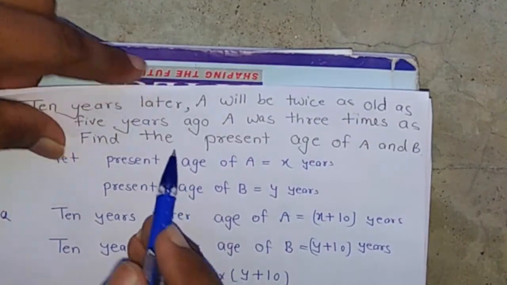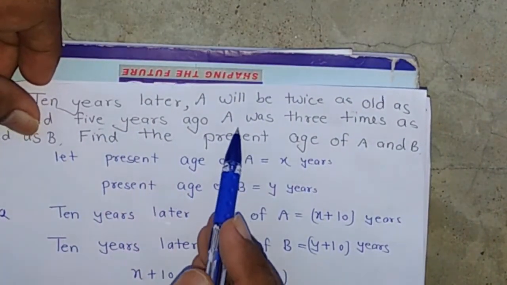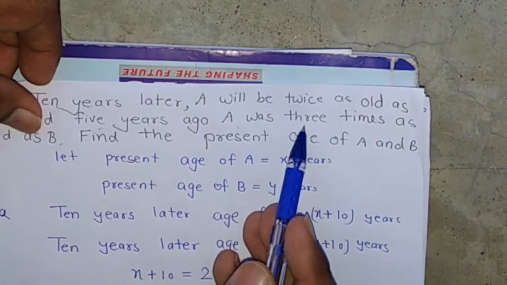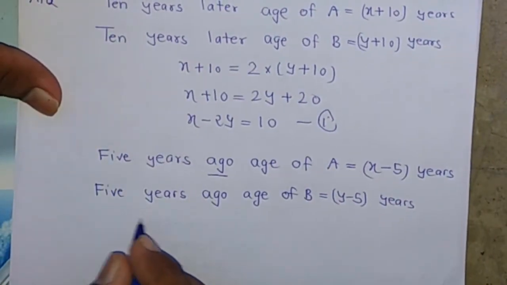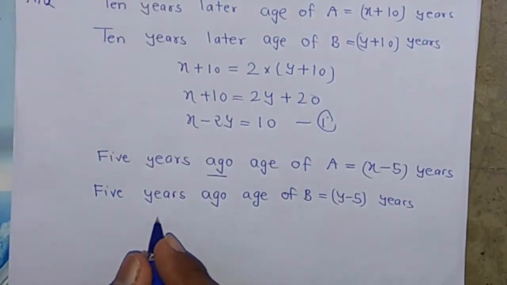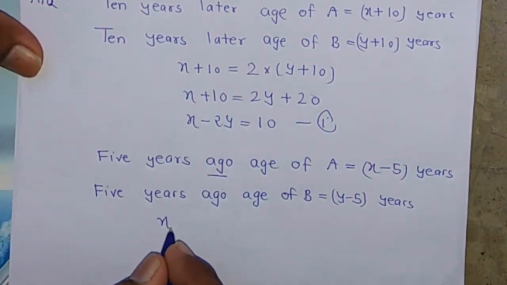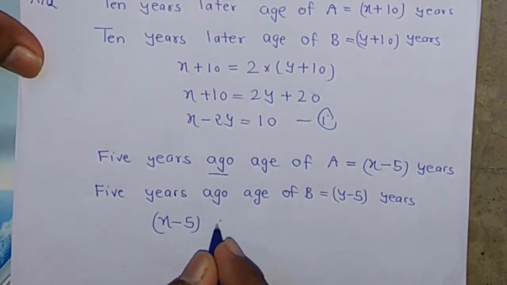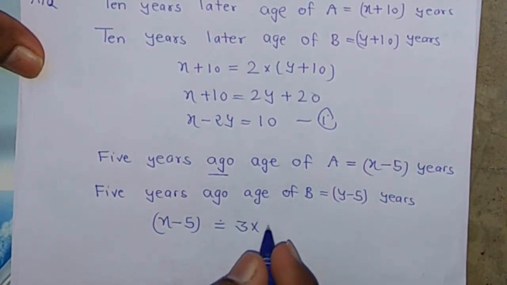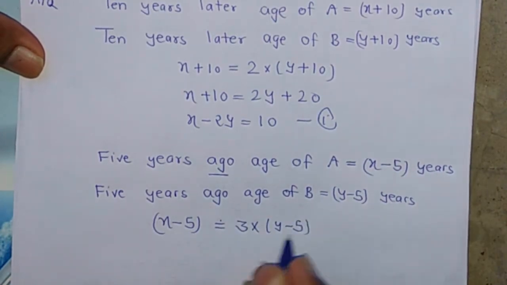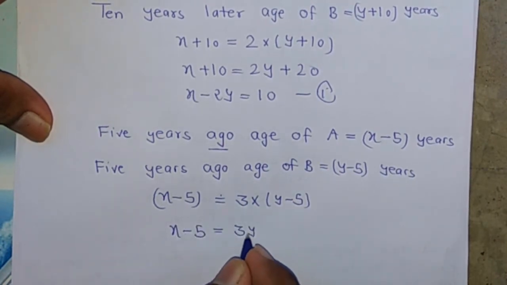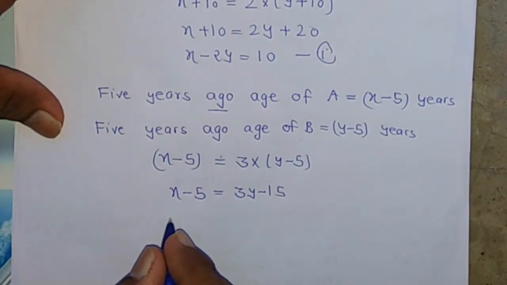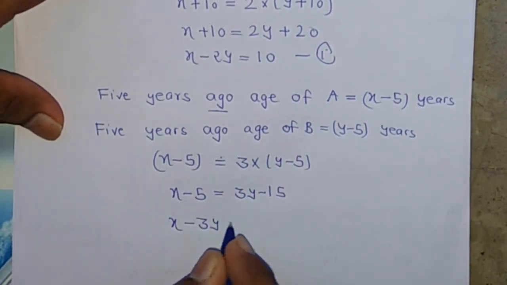Now according to the question, 5 years ago A was 3 times as old as B, means 5 years ago the age of A is 3 times the age of B, means we have X minus 5 equal 3Y minus 15, then it is X minus 3Y equal minus 10.